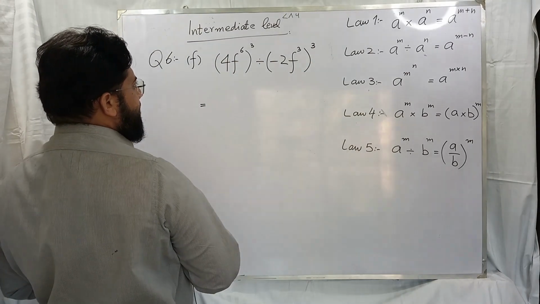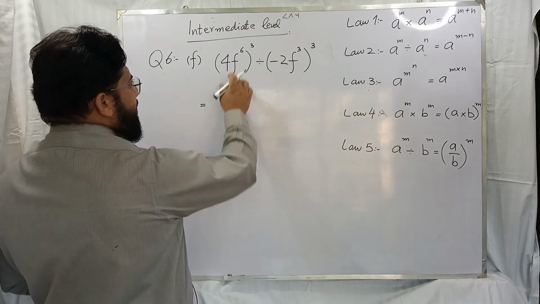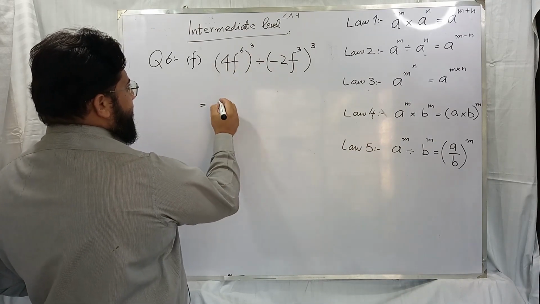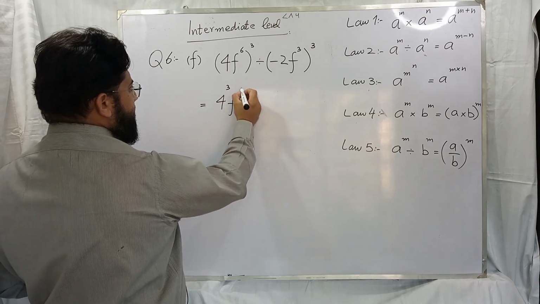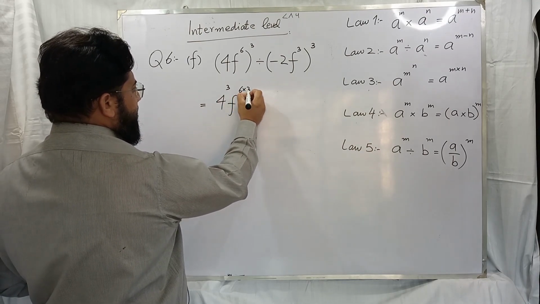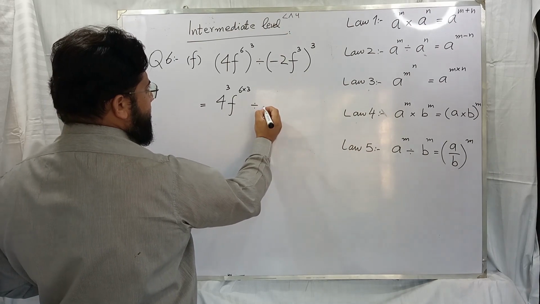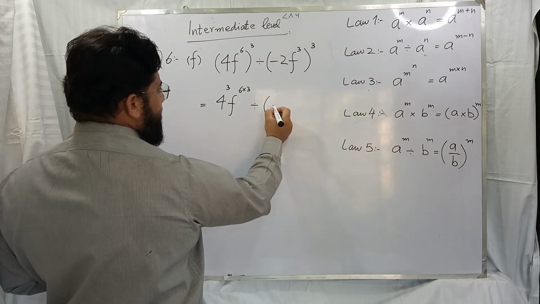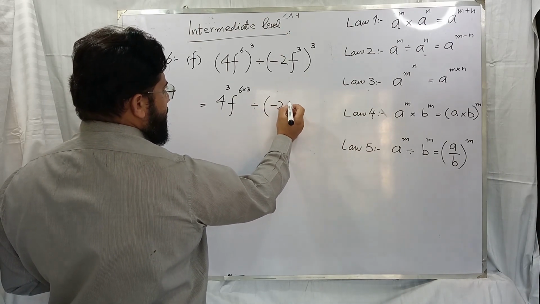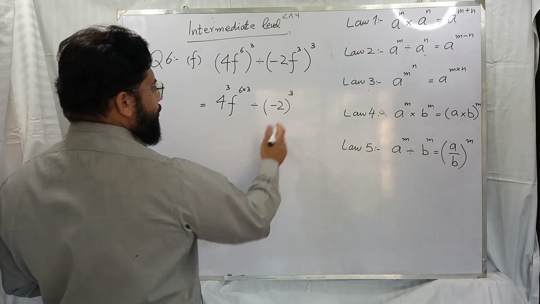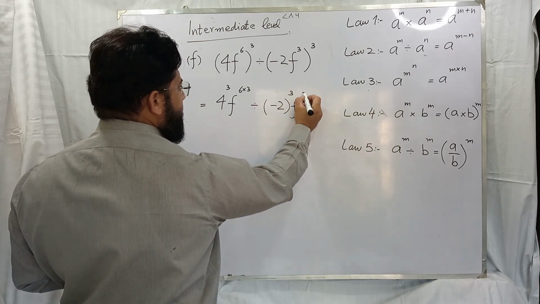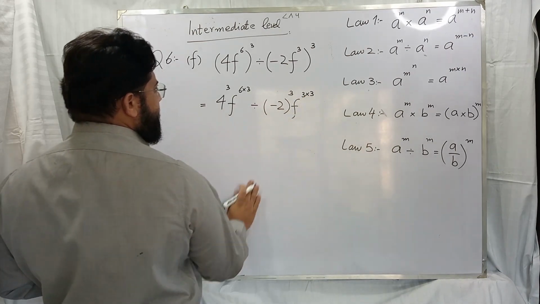We can see, first of all, we have to open the bracket and simplify it: 4 cube f to the power 6 into 3, divided by minus 2 cube into f to the power 3 multiplied by 3.